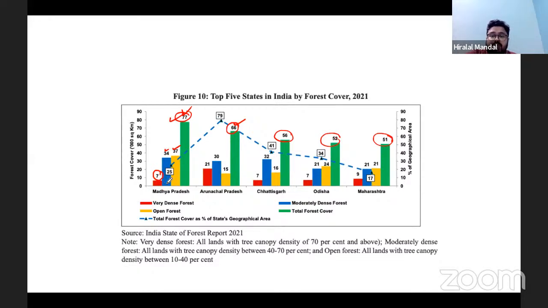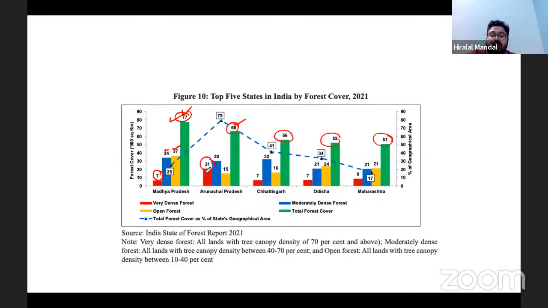Among these five states, it is Arunachal Pradesh where you can see very dense forest. They have the highest dense forest, 21,000 square kilometer under the very dense forest.